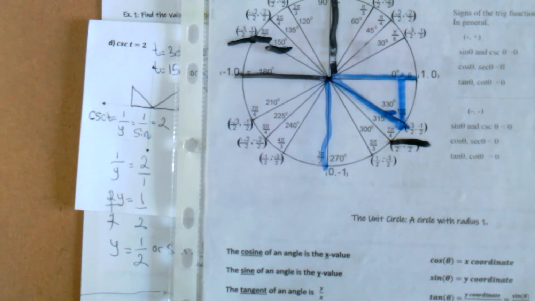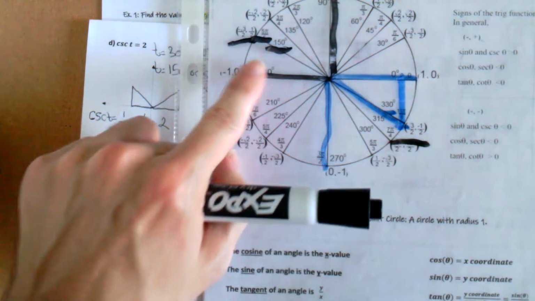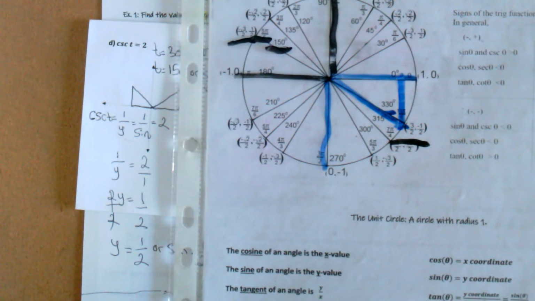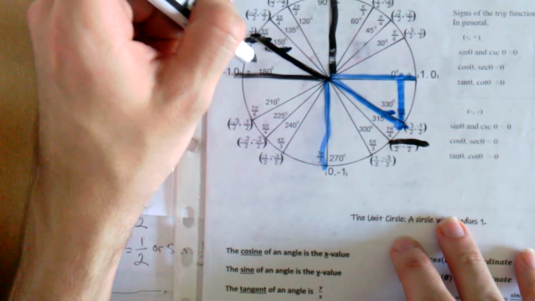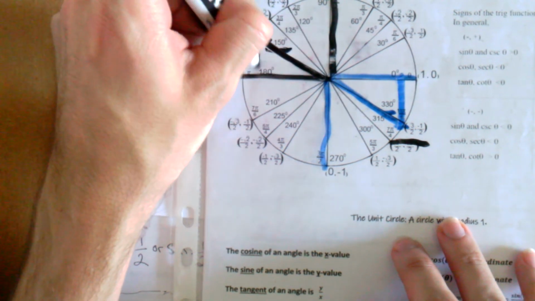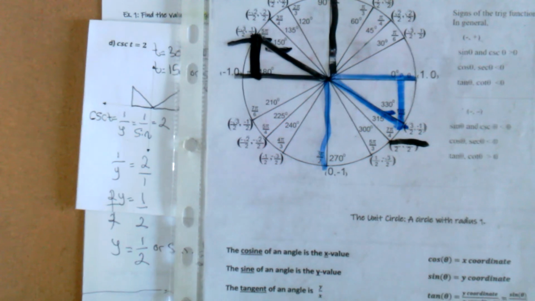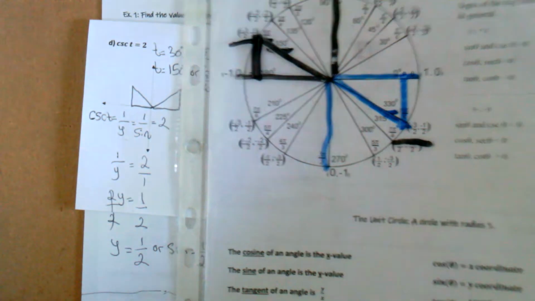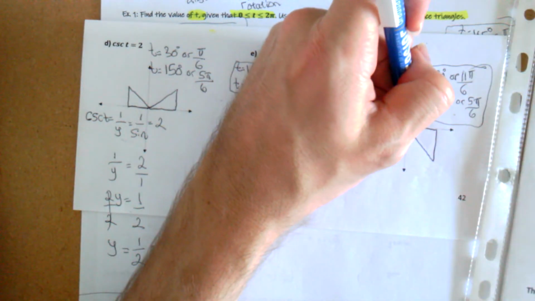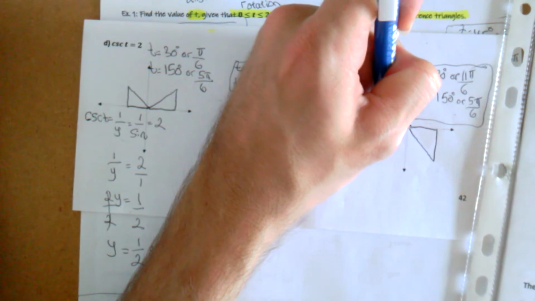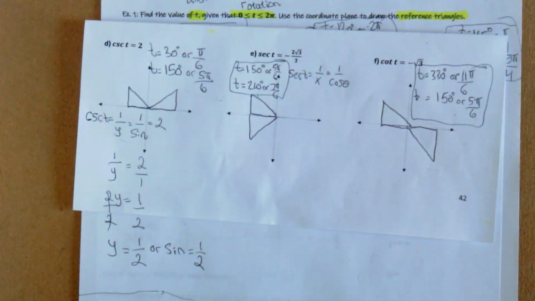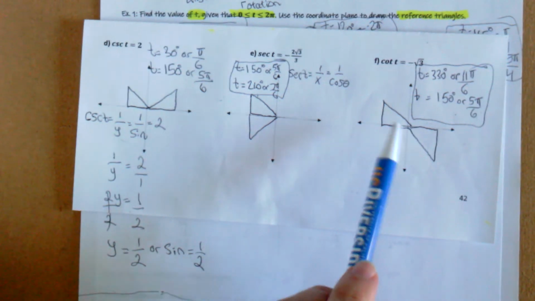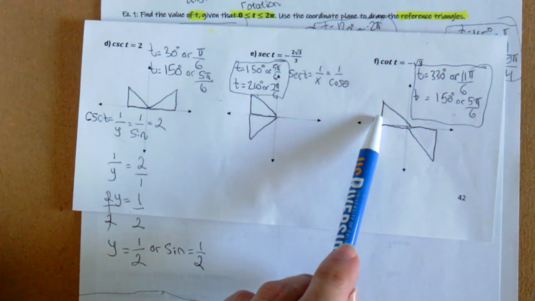Now, our reference triangle for 150 degrees. Again, we connect the terminal side at 150 degrees to the initial side, or the x-axis. Let's go ahead and sketch that on page 42. Okay, perfect. So we found both of our reference triangles for 330 degrees and 150 degrees.